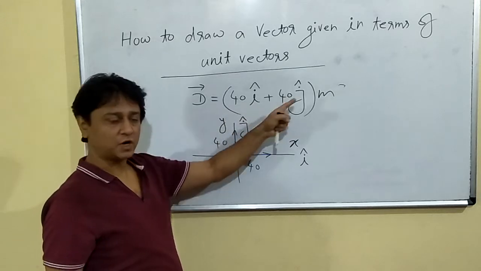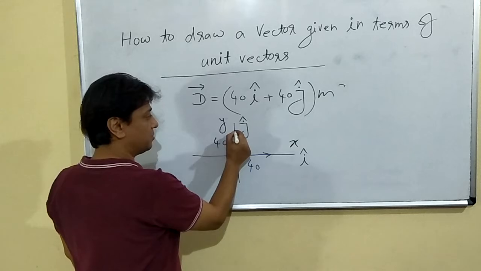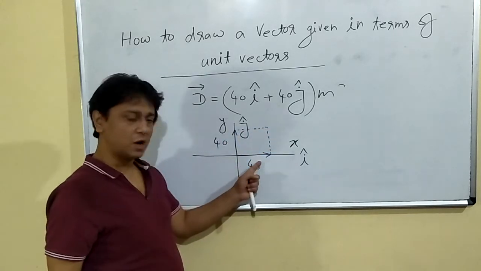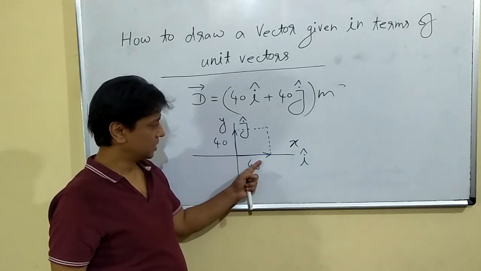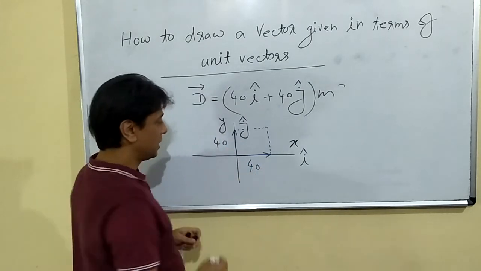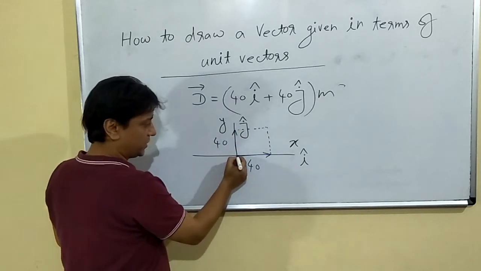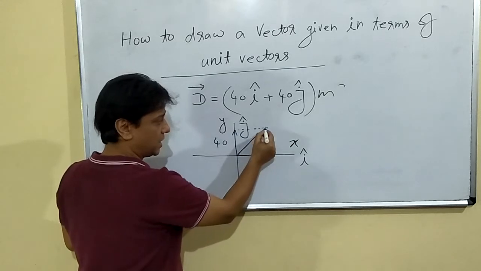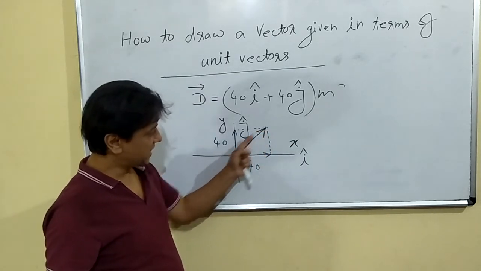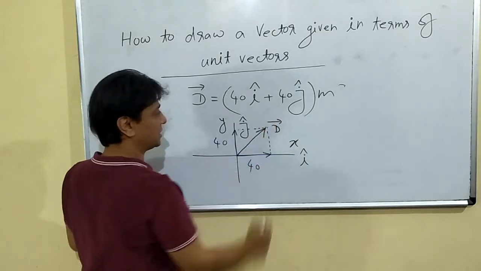Then complete a rectangle using these two arms. Look at the arrowheads. They should be like this. Once this rectangle is complete, join this diagonal and put this arrowhead. This black vector is nothing but d vector.